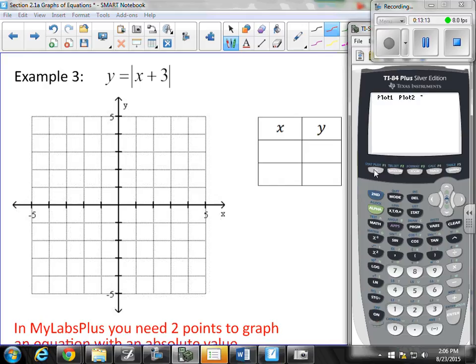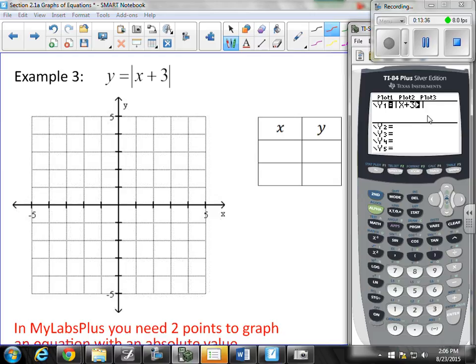If I go to my y equals screen, I'm going to clear out my previous equation. To find absolute value, you're going to hit the math key. You're going to hit the right arrow key so that it says num up top, and the first option says ABS. So we're just going to hit enter, and we want the absolute value of x plus 3.